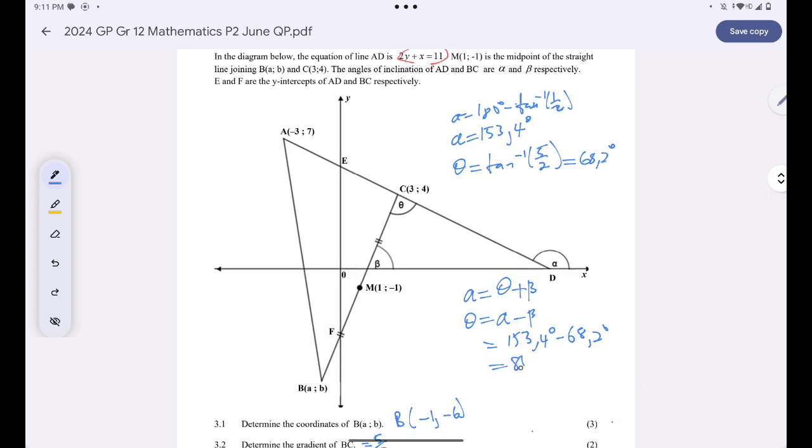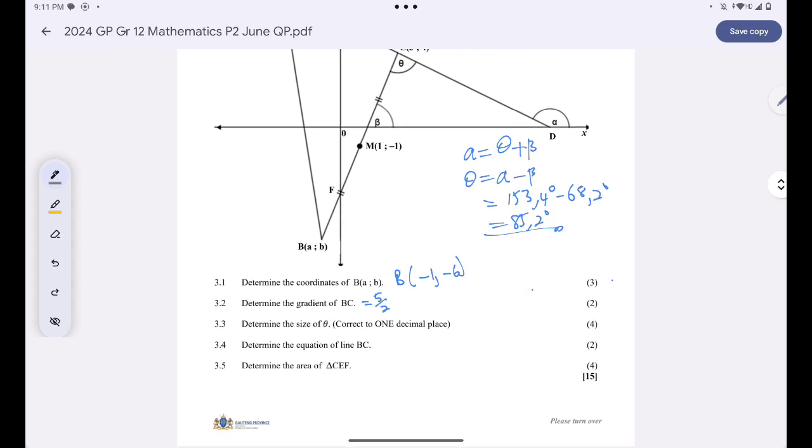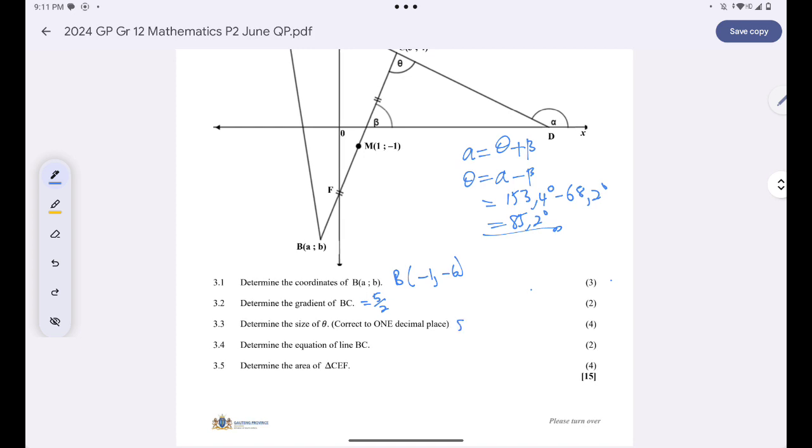I'll get 85.2 degrees. So theta is just 85.2 degrees, right?